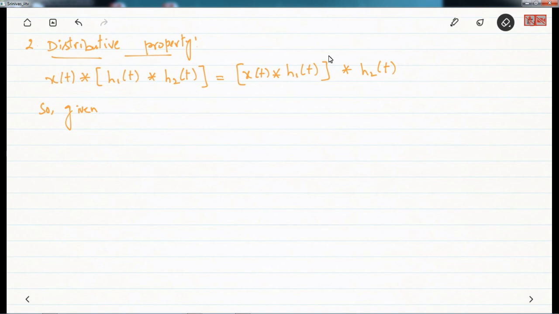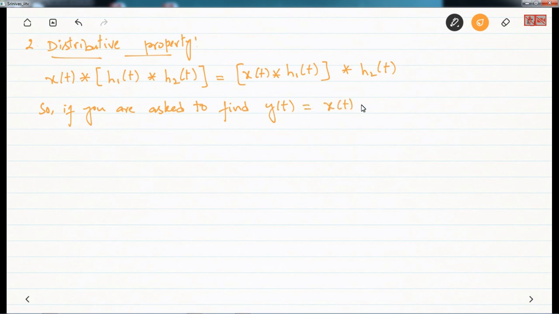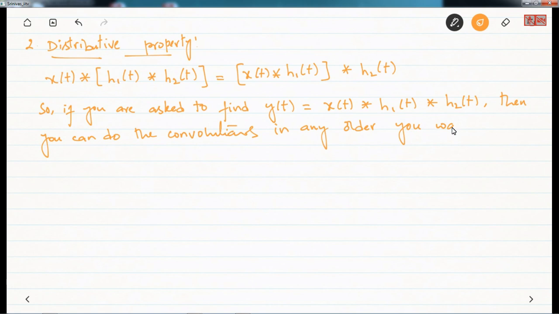So if you are asked to find y of t equal to x of t convolved with h1 of t and h2 of t, then you can do the convolutions in any order you want.